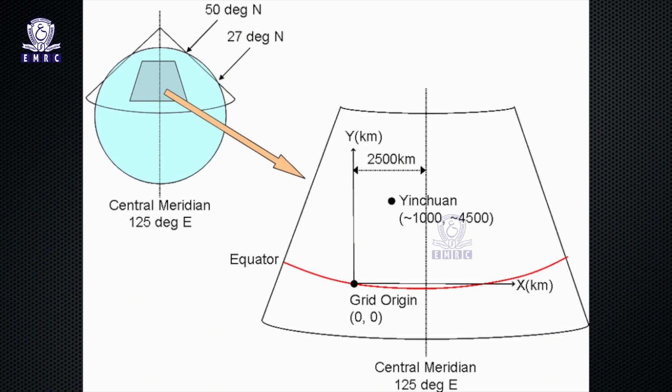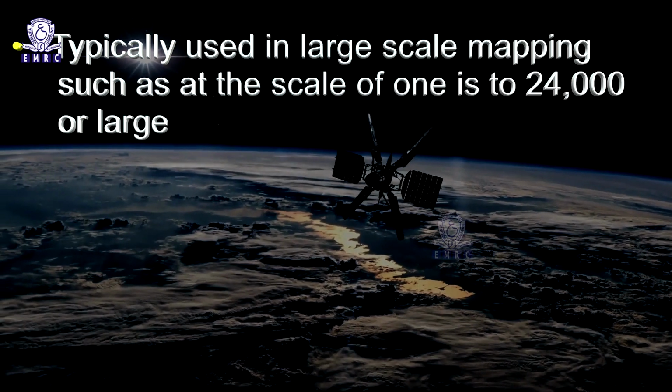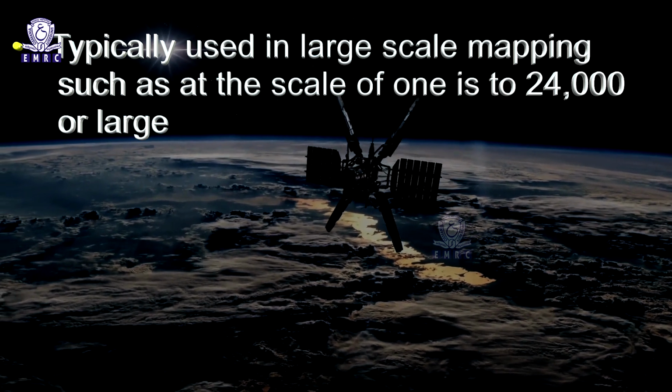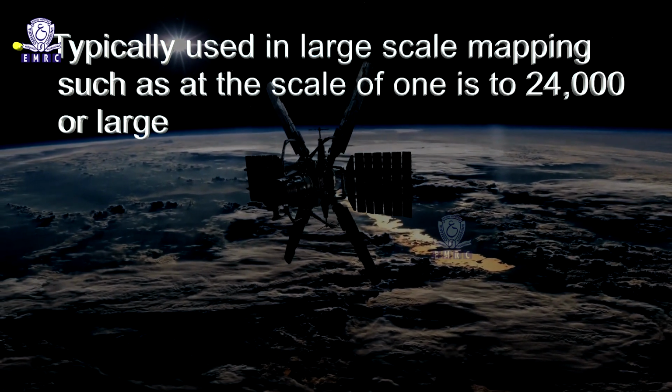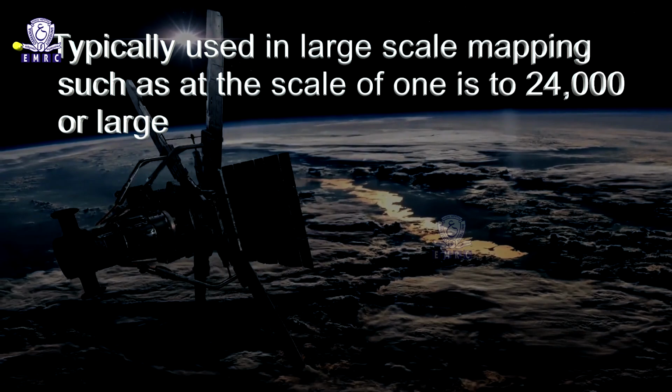In practice, however, projected coordinate systems are designed for detailed calculation and positioning and are typically used in large scale mapping such as at the scale of 1:24,000 or larger. Accuracy in the feature's location and its position relative to other features is the key consideration in the design of its projected coordinate system.